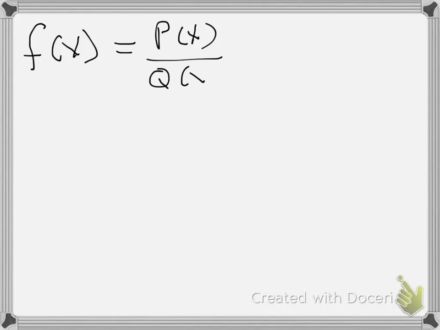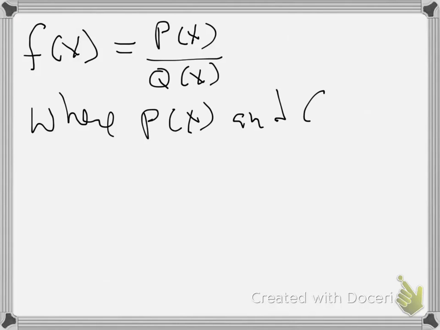So if we look at a generic one, f of x is equal to p of x over q of x, where p of x and q of x are polynomials.